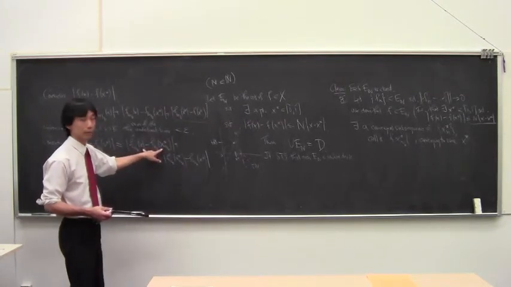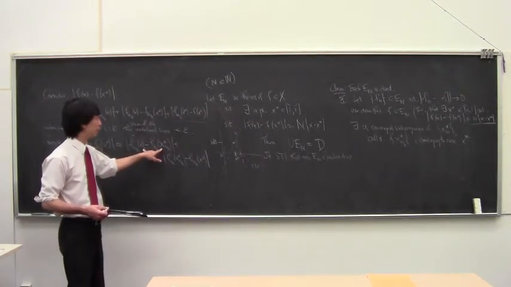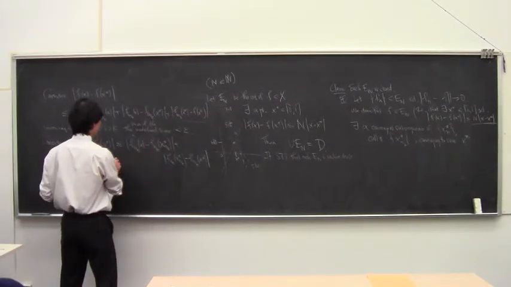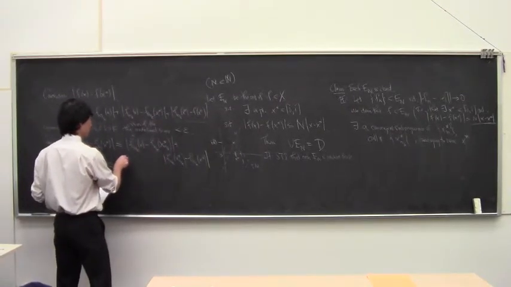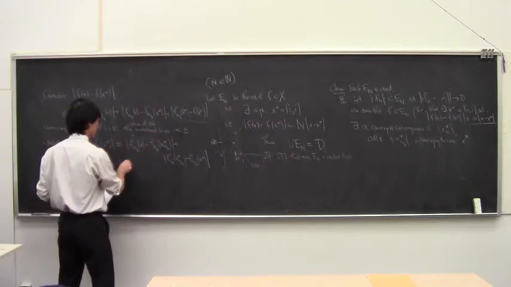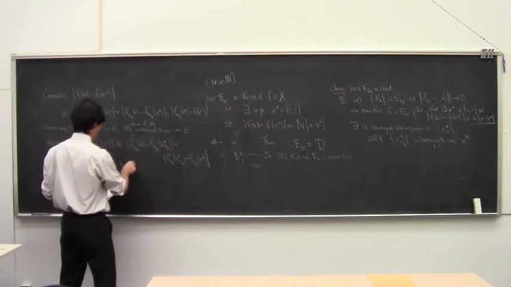Now, we do have control over this part. The first part is controlled by n times x minus x sub n star.